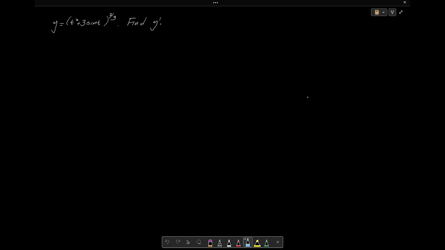Okay, let's look at this problem. So here, what do we have? We have something, again, I'm not concerned with what that thing is, just something to a power, a function. In this case, t is my variable, not x. And it doesn't matter whether it's t, u, v, it doesn't matter.